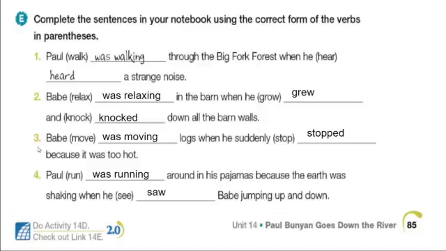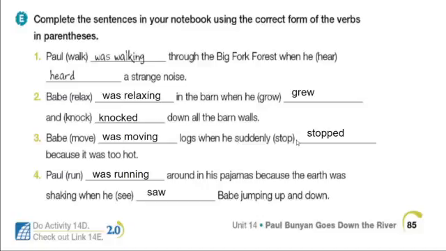Number 3. Babe was moving. Was is the verb to be in past, and you have to write the verb with ing, moving. Babe estaba moviendo. Loud when he suddenly stopped.